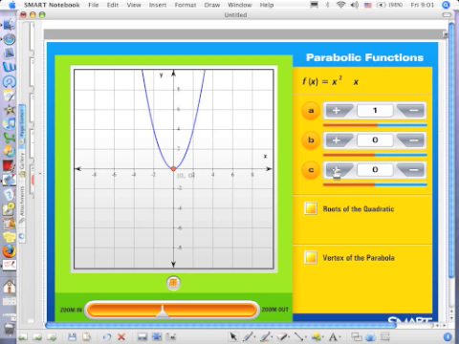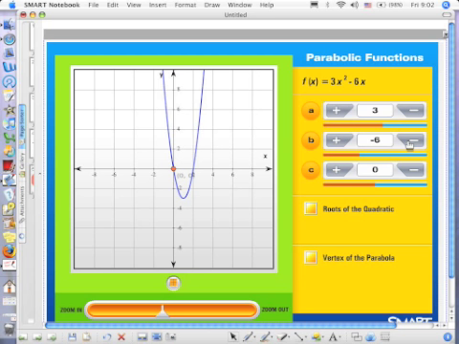All right? Now watch. Let's make our A term 3, which means that it's going to be what? Skinnier than this. Let's make our B term -6. And do you want to move it up the y-axis or down? Down the y-axis.